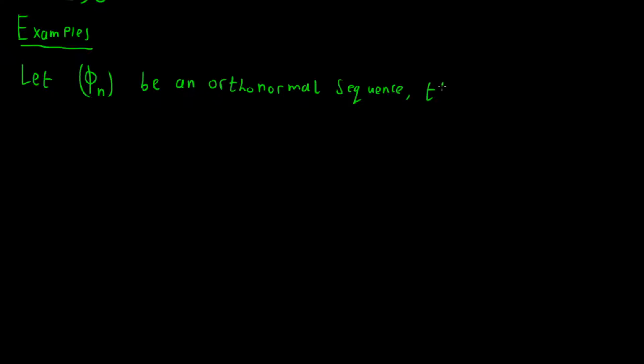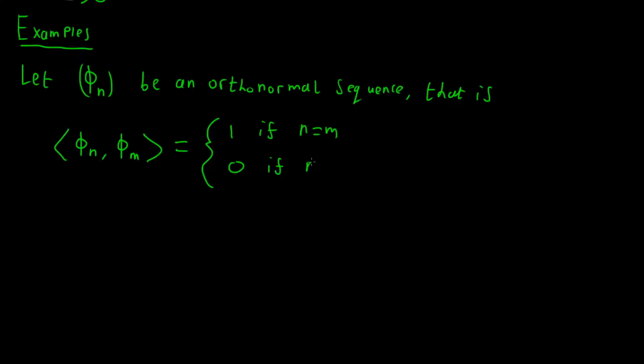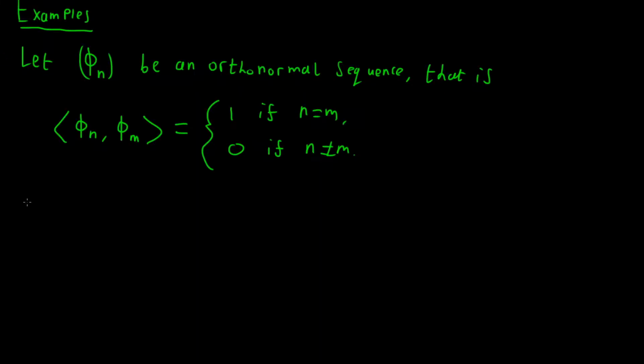And this just means the inner product of phi_n with phi_m is equal to 1 if they're the same, 0 if they aren't. Then that just means that the phi_n will tend weakly to the 0 function, or the 0 vector, in the Hilbert space.